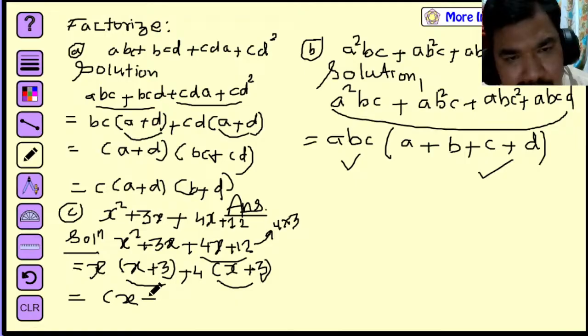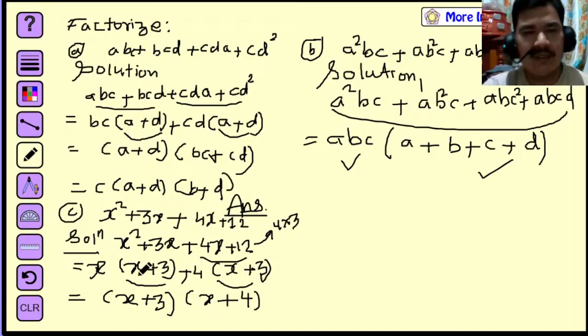What is remaining here? x is remaining, and here 4 is remaining. So the answer is x plus 3 times x plus 4. Like this we have to solve it.